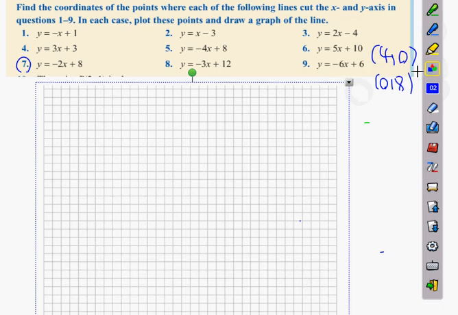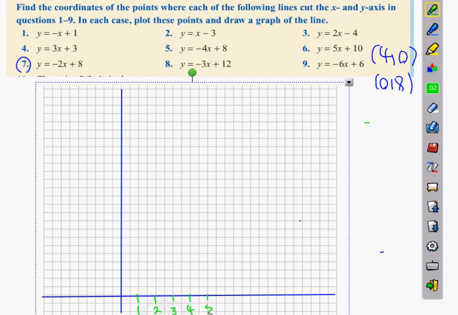Okay, so I will draw the diagram like this. Now, 1, 2, 3, 4. Is everybody happy with that? 5. This one here. 1, 2, 3, 4, 5, 6, 7, 8.